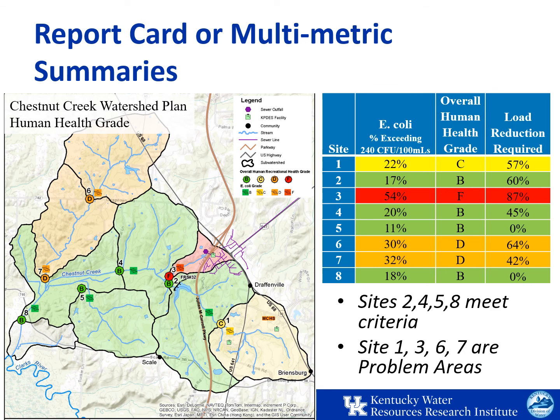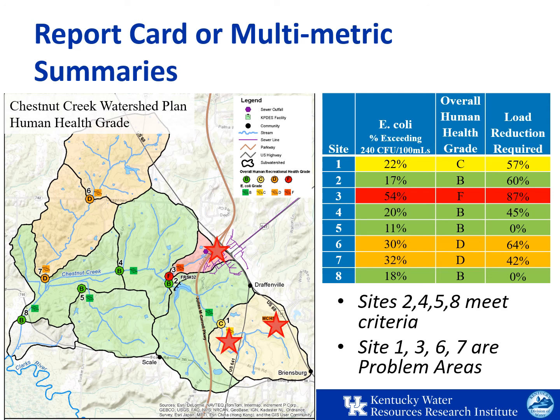A local example of this approach is shown here in human health grades for the Chestnut Creek Watershed Plan. So this is based on a percent exceedance circumstance for E. coli, and this allows you to very quickly summarize where the load needs to be reduced, what is currently meeting the regulatory limits, and this captures information.